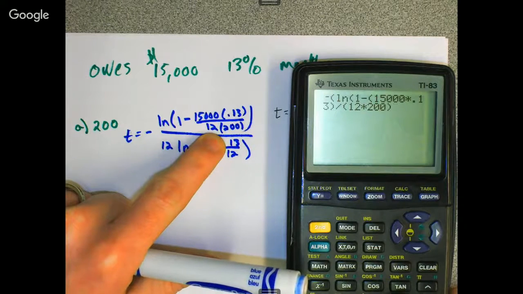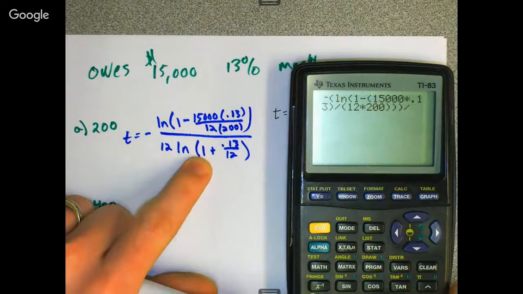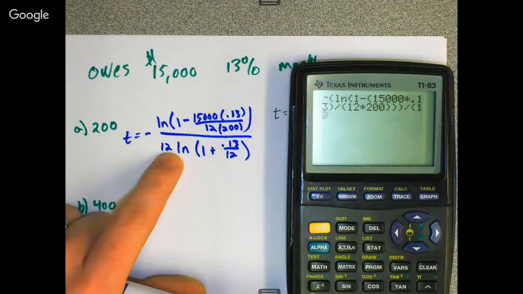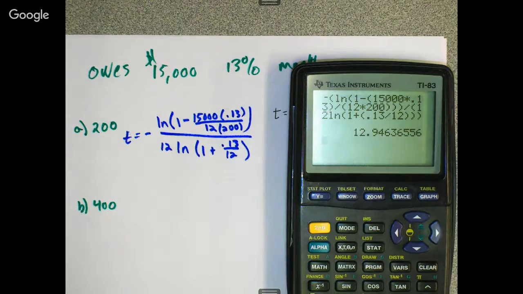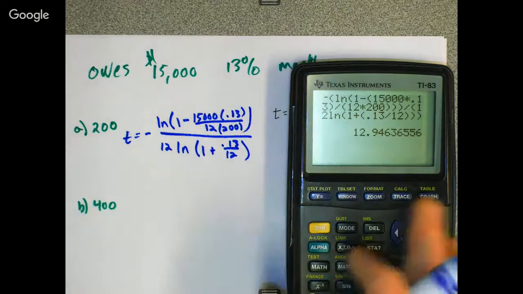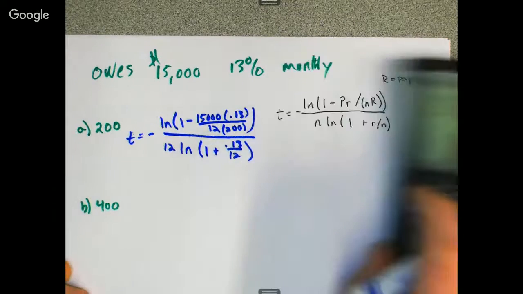Okay, so end the ln, end the top, divided by, put the bottom in parentheses, 12 ln of 1 plus parentheses 0.13 over 12, and close the parentheses. And we will get that paying $200, it will take him looks like 13 years.